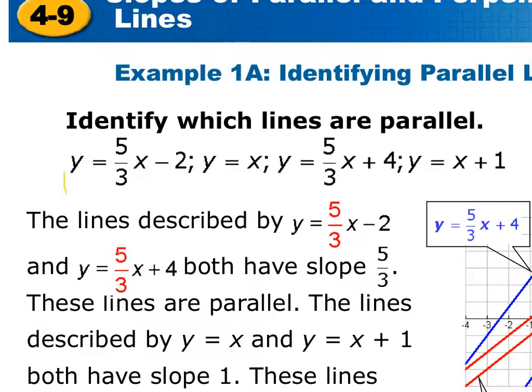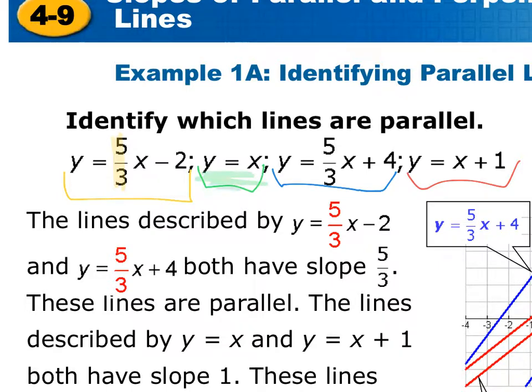So I'm going to look at the 4 equations. I've got the first one here. Then I've got this second one, y equals x. Then I have y equals 5x plus 4. And then last I have this one. I need to look at the numbers in front of the x. So in my first equation, the slope is 5 over 3. What is the slope of my second equation?